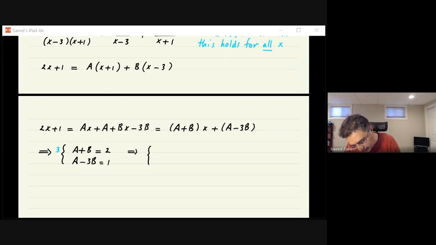So A will be 7 over 4. And then, for example, put it here. B is 2 minus A. So B is 2 minus 7 over 4, which is 1/4. So that gives you the values of A and B.